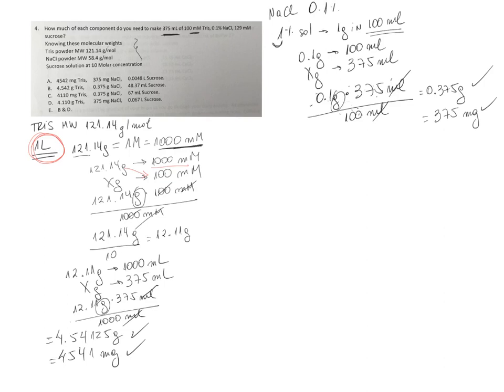Now with the sucrose, you are told that you start with the stock at 10 molar, and you are told to make a final concentration of sucrose in millimolar. So I'm going to go ahead, and the first thing that I'm going to do is convert those 10 molar into millimolar.